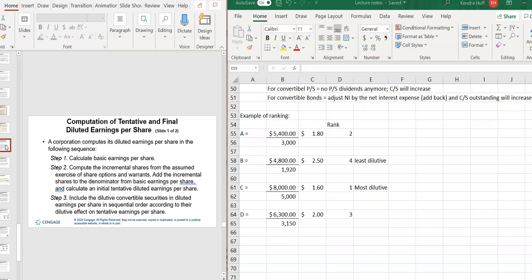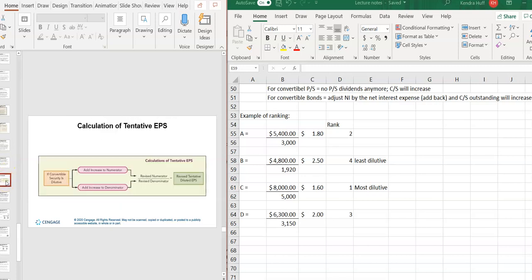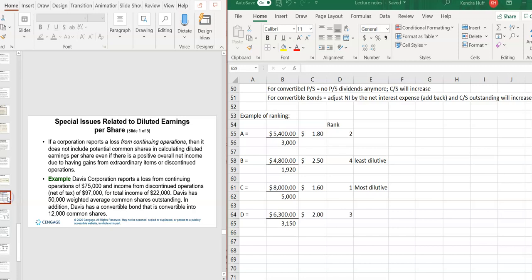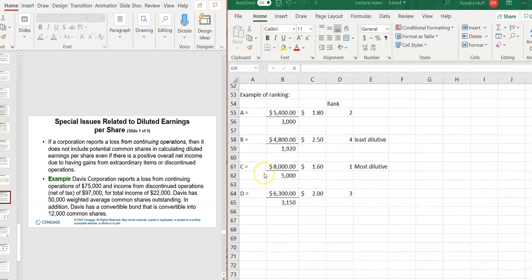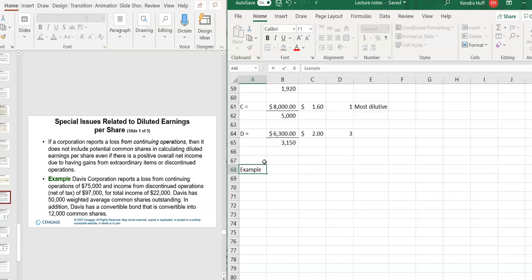All right, so calculation of the basic and diluted earnings per share. Let's go to the numbers. All right, Davis Corporation reports, oh, this is special issues.